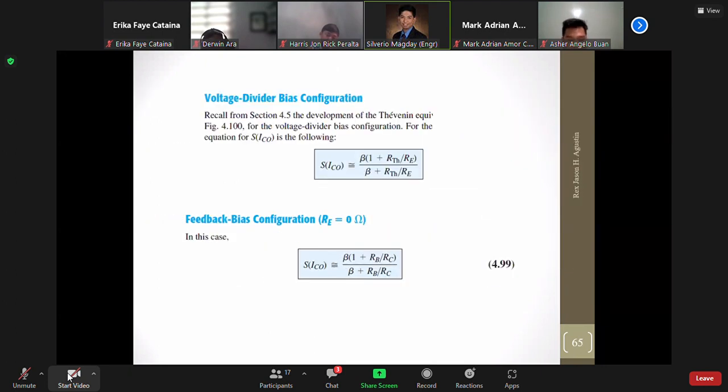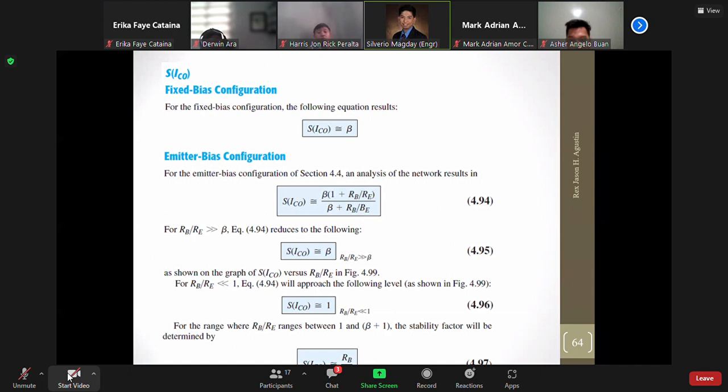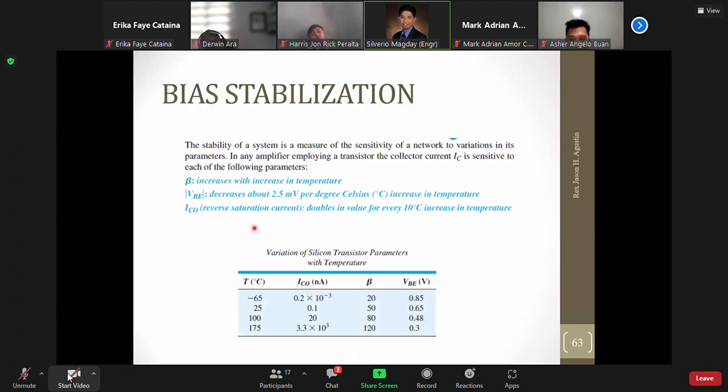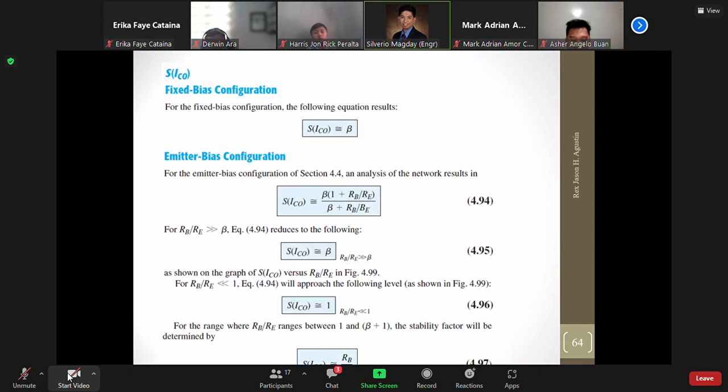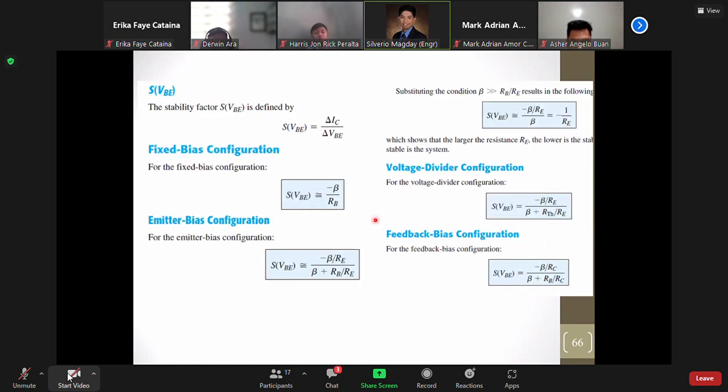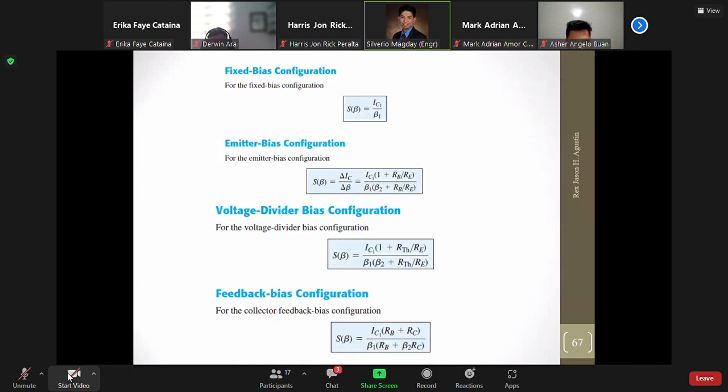The stability here is based on what we discussed earlier: stability for the reverse saturation current, stability for your VBE, and stability for your beta. Calculations are very direct substitution for the formulas of bias stability, so just familiarize yourself.